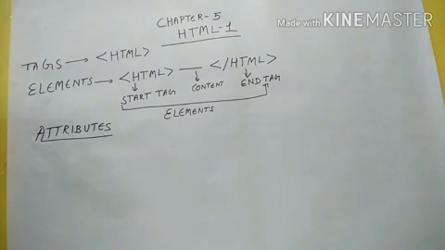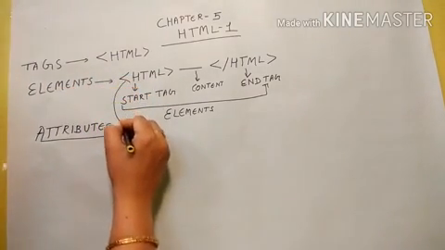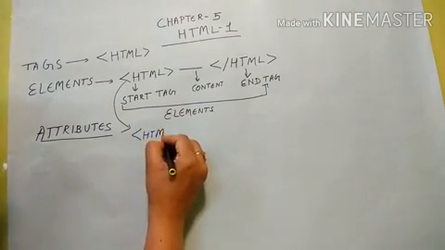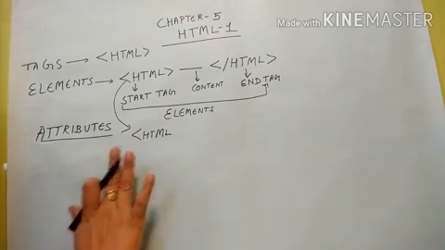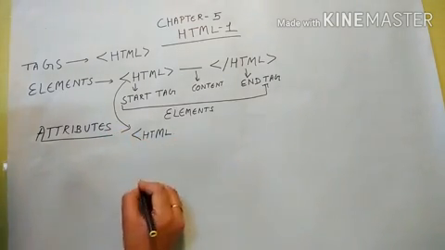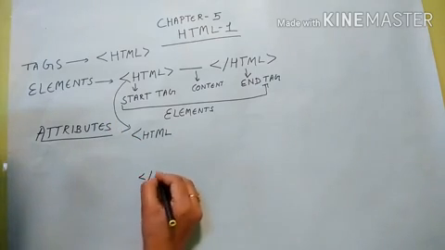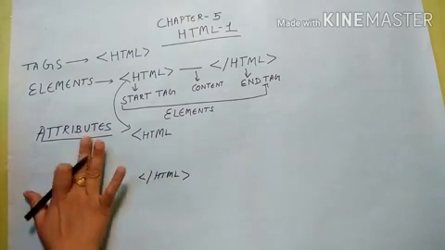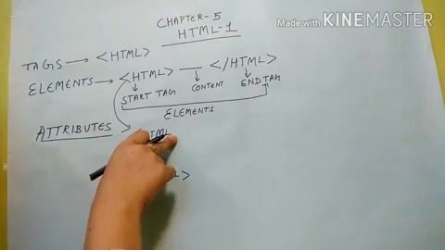In the previous example where I had taught the HTML document structure, there I had used one attribute with HTML. So the way it is written, you need to understand. Suppose this is HTML start tag and here it is HTML close tag. All the attributes are always written in the start tag.